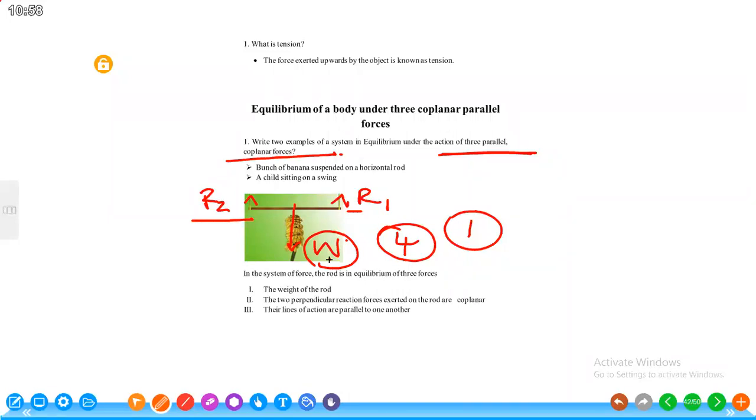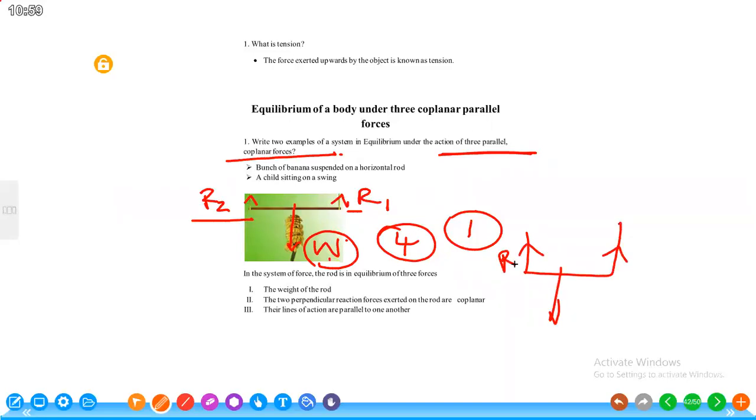In this system, the rod is in equilibrium under three forces. What conditions are maintained? The first one, the three forces must be coplanar.